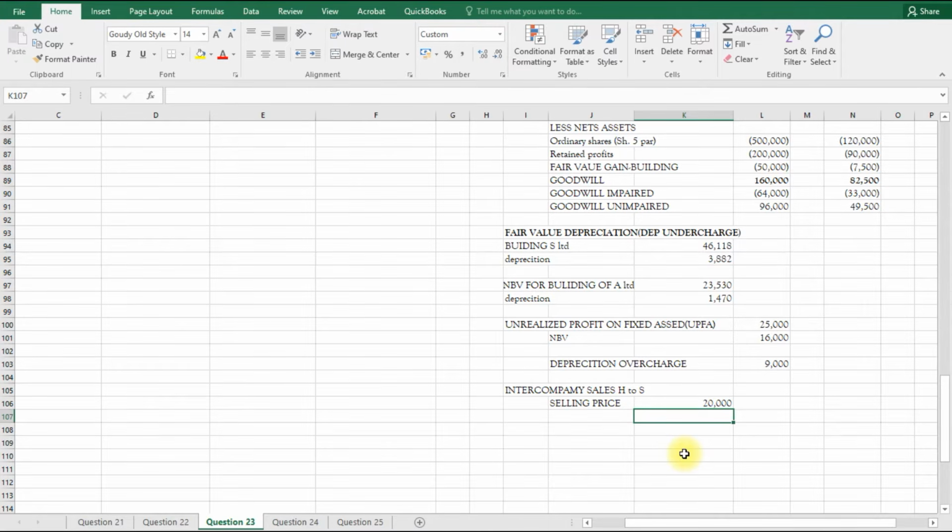The markup was 50%, whereby when you take 50%, it is 50 over 150. So 50 divided by 150 gives 0.33.